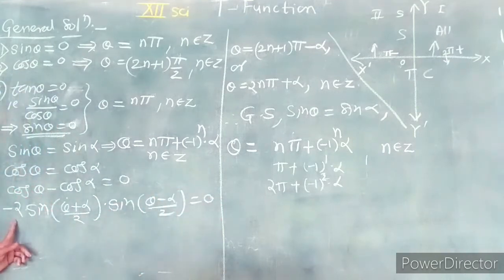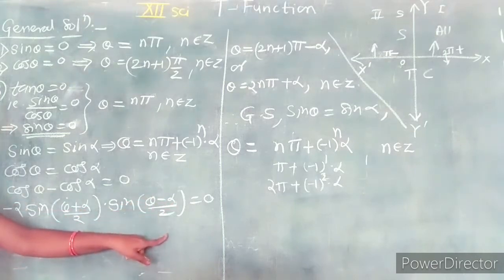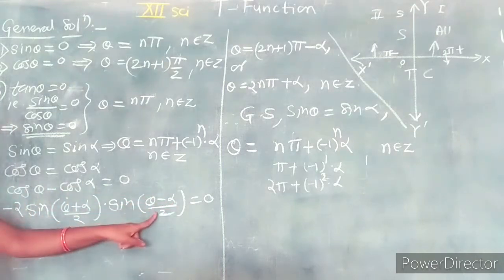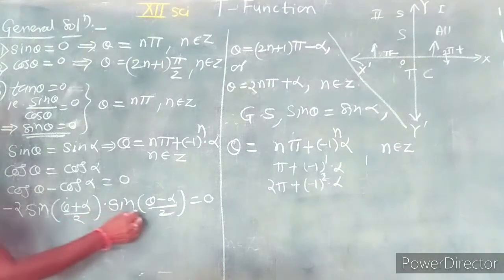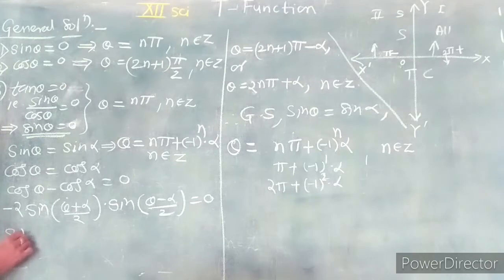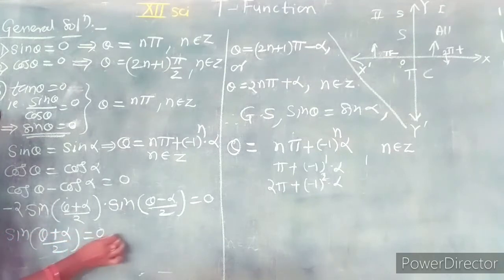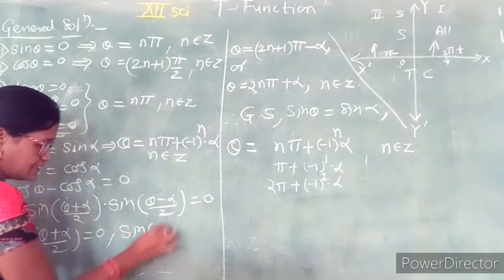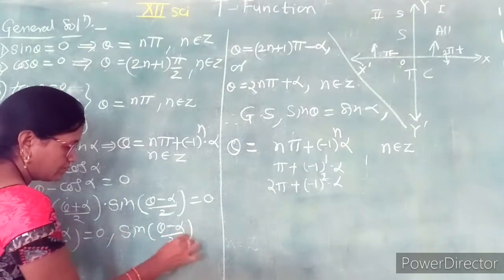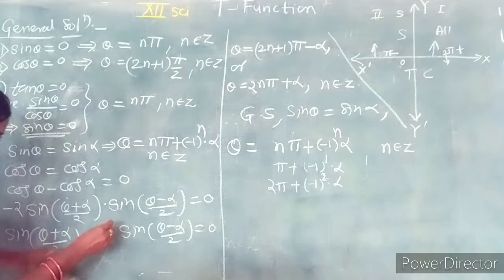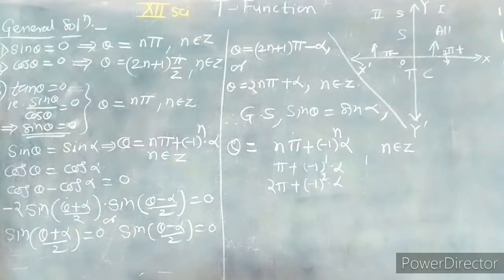As the minus sign comes first, we may also take the result as 2 times sin of theta plus alpha upon 2 into sin of alpha minus theta upon 2. We may absorb this minus sign because sine is an odd function. So minus 2 is never 0. What is implied? Either sin of theta plus alpha upon 2 equals 0 or sin of theta minus alpha upon 2 equals 0.